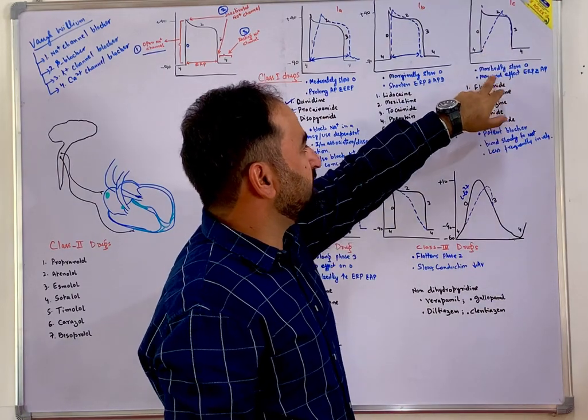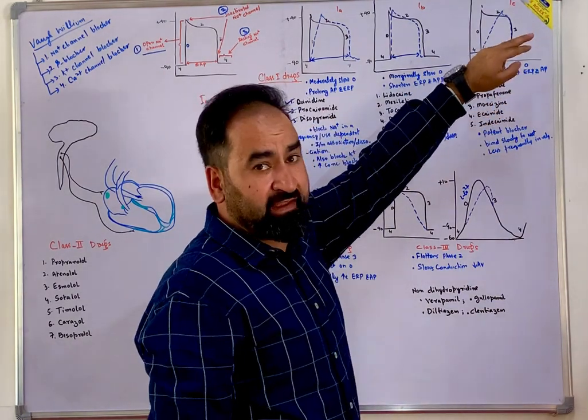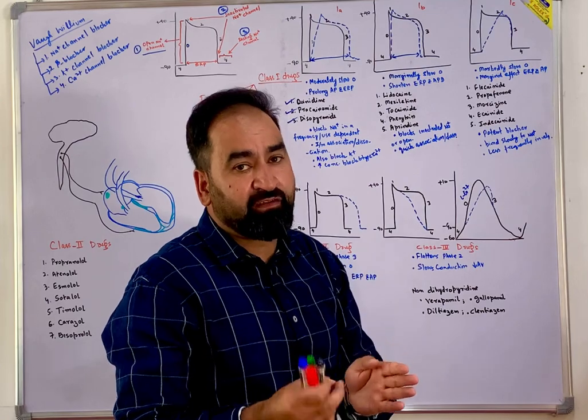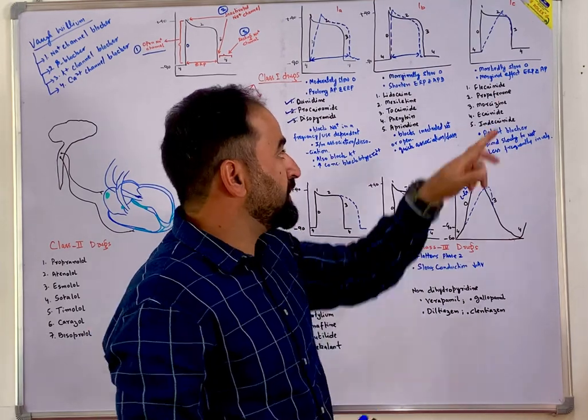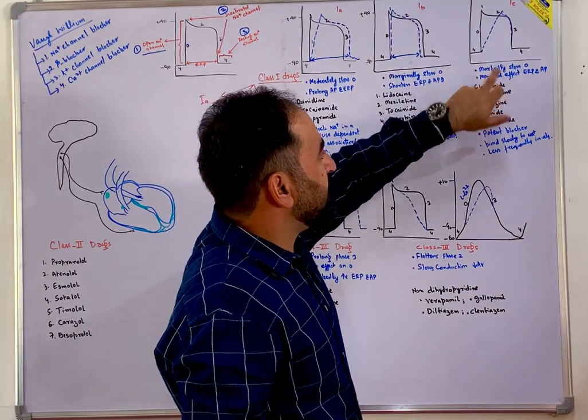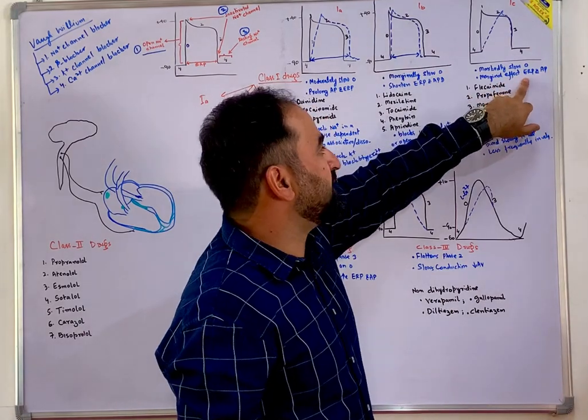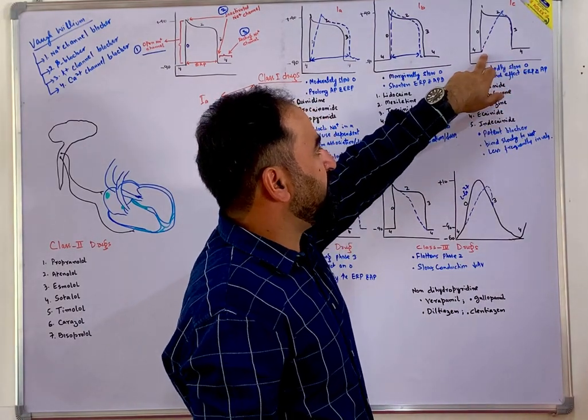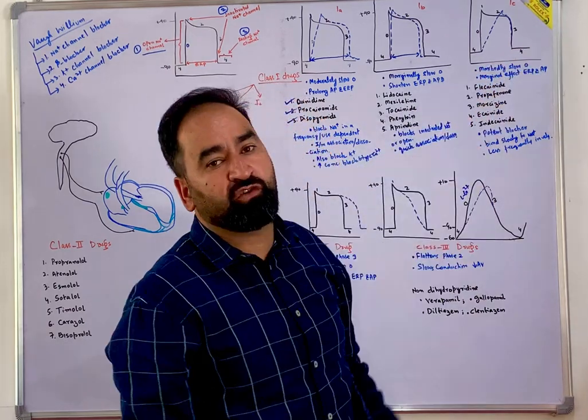When it slows the zero phase, depolarization will be slowed down, and it has only a marginal effect on the effective refractory period and action potential duration.